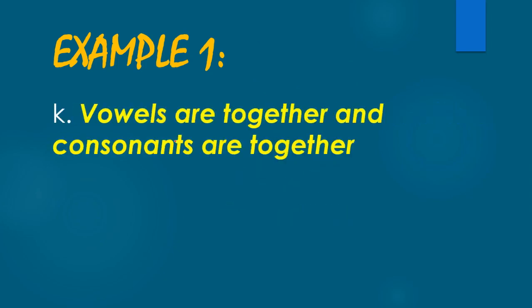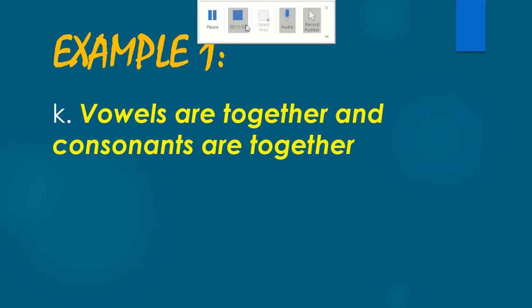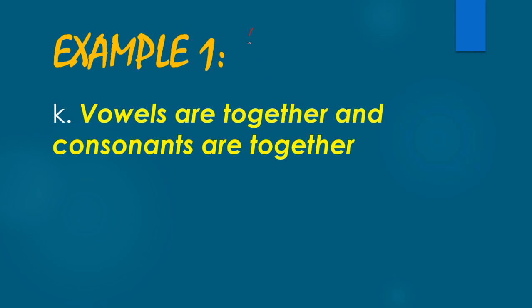And then if we have vowels that are together and consonants are together. So again, the vowels are O, U, and A. And then the consonants are F, R, M, L. So those are the vowels and the consonants from the word formula.